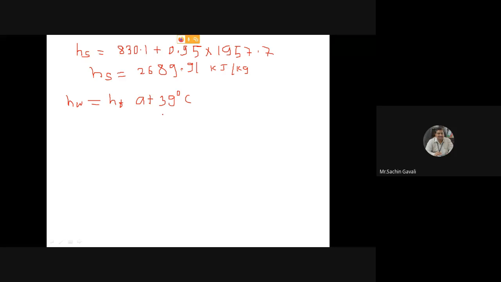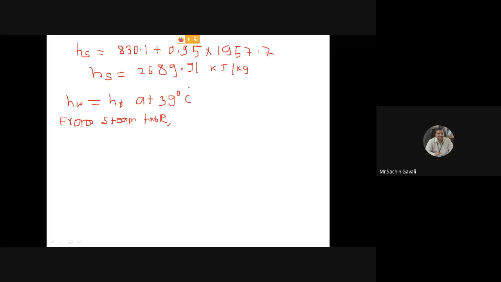So HW is equal to HF at 39 degrees Celsius. म्हणजे पाणी जेव्हा आपण बॉयलर मध्ये सोडतोय तेव्हा त्याचं टेम्परेचर होतं 39. तर त्याची एन्थाल्पी किती असेल तर ते आपण कुठून काढणार आता? स्टीम टेबल वरून. Again here also from steam table, write down from steam table.